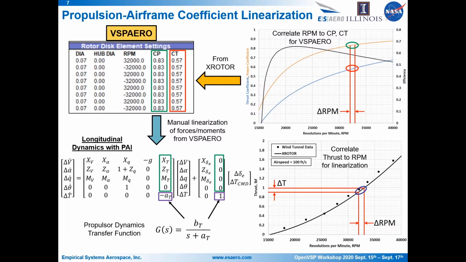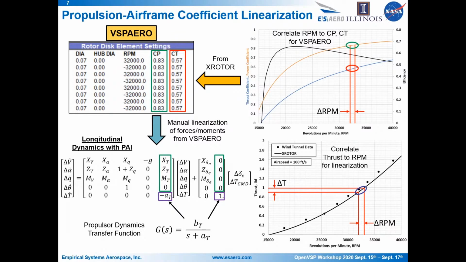So we were interested in performing a linearization about difference in thrust. So using the Rotor data, we correlated that to a difference in RPM at our flight condition, and then used that delta in RPM to gather thrust and power coefficients from the propulsor data, and used those settings as inputs to the rotor disk element settings for the rotor disk components in VSPAERO.